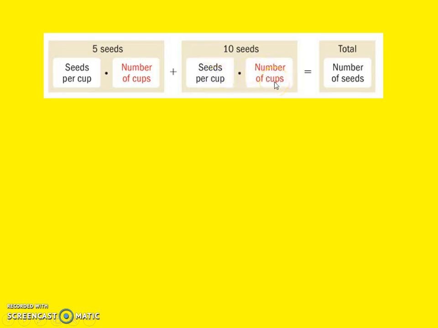So again, 10 times x, because it explicitly stated that we want to have the same number of cups of each type. So 5x plus 10x has to be equal to our total of 75. Oh, and it looks like I used C for cups instead of X. The variable is not important, so whichever variable you feel comfortable using.